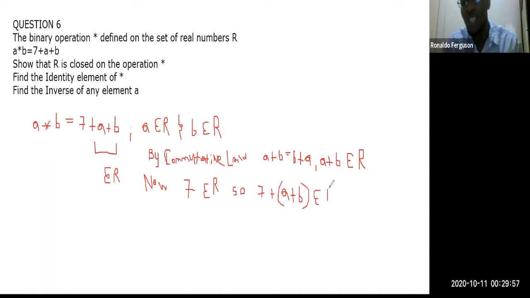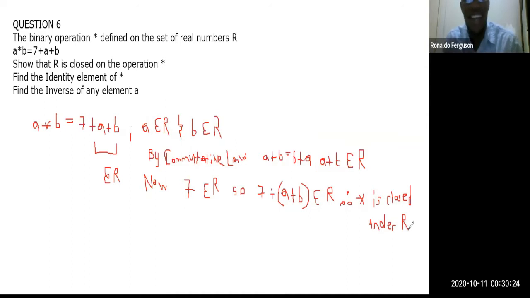So this proves that we get a real number, and therefore star is closed. Therefore star is closed under real numbers. Star is closed under R.